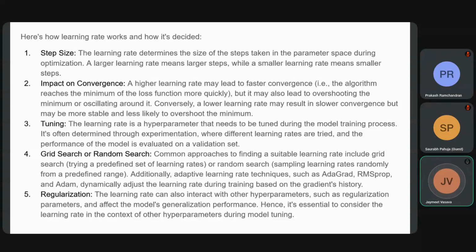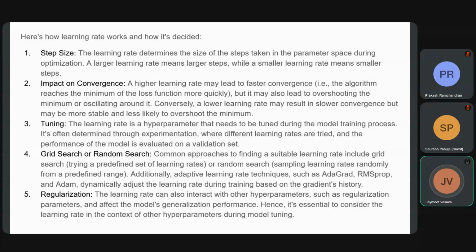Techniques like adaptive learning methods, such as AdaGrad, RMSprop, or Adam, dynamically adjust the learning rate during training based on the gradient's history. These are the approaches for grid search and random search.